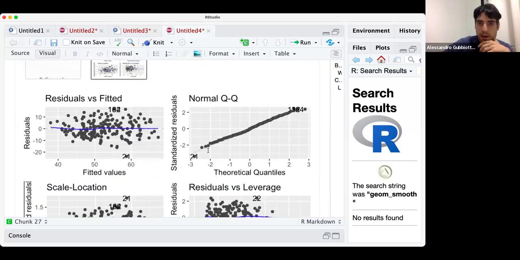Here on the x-axis there are the quantiles of the normal distribution, and on the y-axis the quantiles of the residuals.